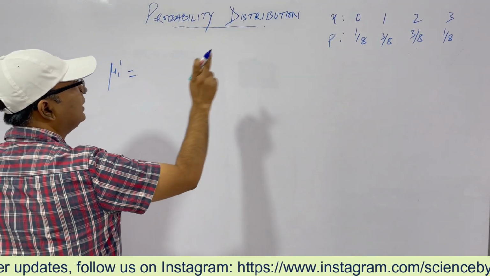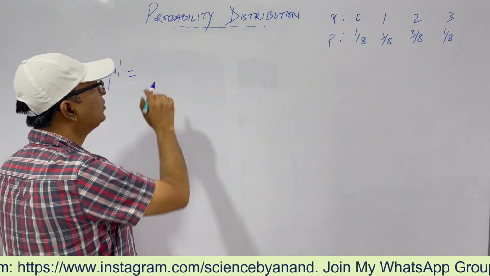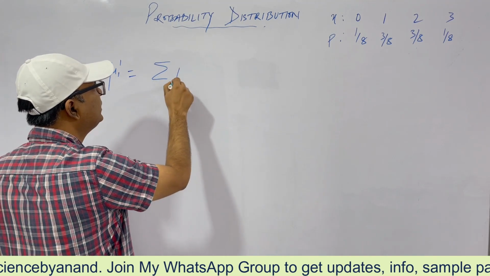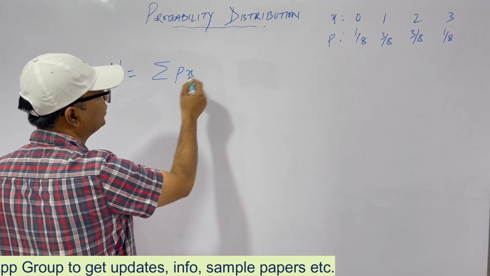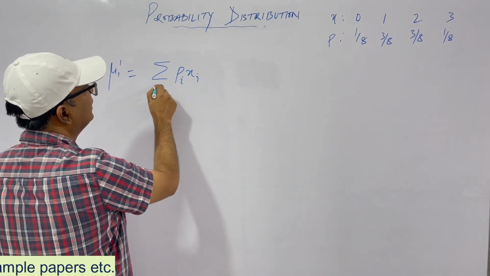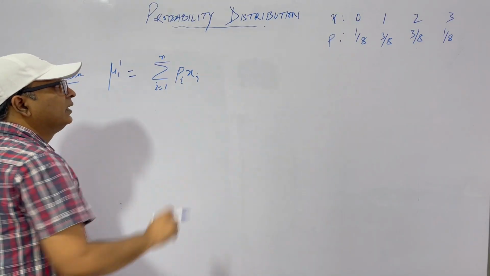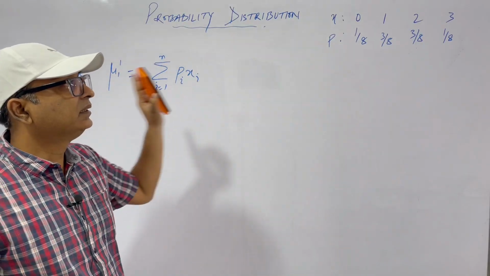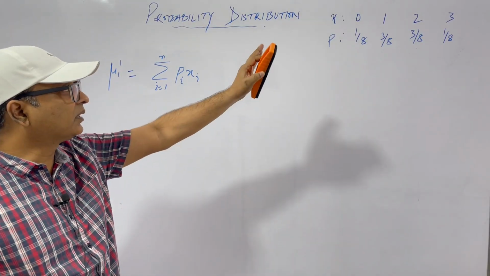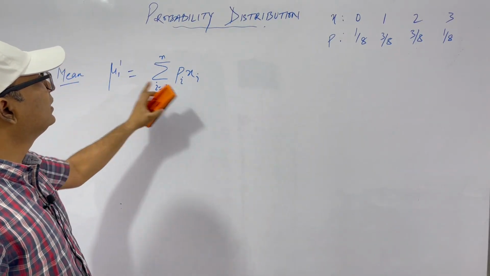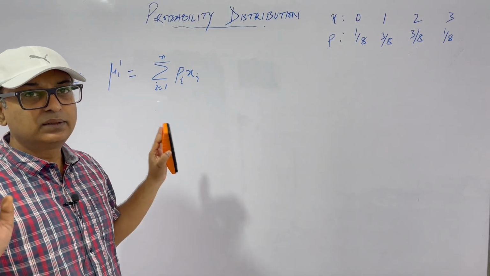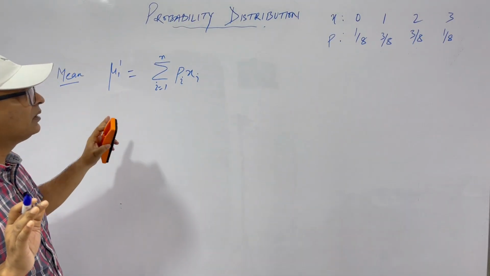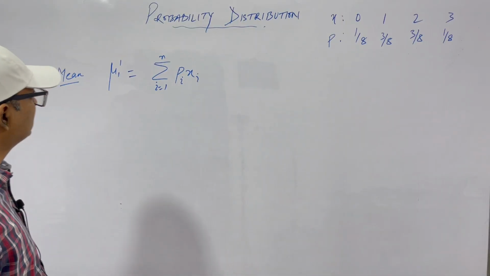In a probability distribution, you simply take p into x, or if you write it like this, the sum for i equal to 1 to n of pi into xi, for the complete distribution, and you will get the mean. Clear? Just keep these in mind so that you are able to solve questions.